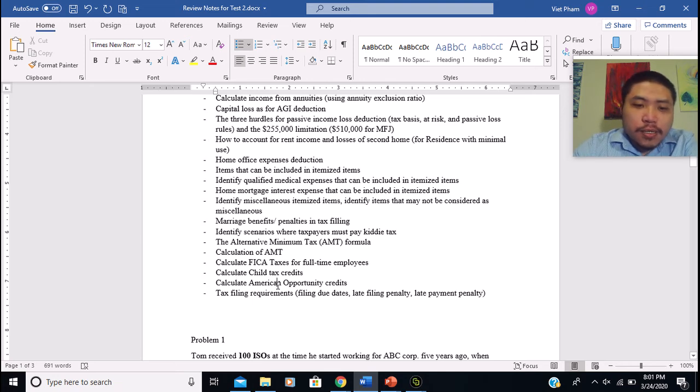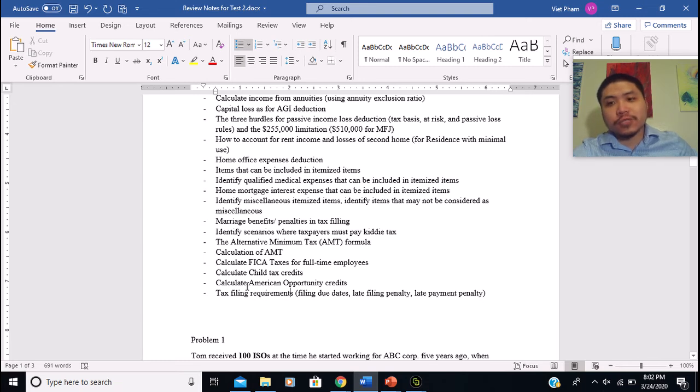And then we also spent some time discussing how to calculate American Opportunity credits. So remember, this type of credit is for education purposes, right? So the government wants to support people to go to college. So make sure you know how to calculate this credit, and it's pretty straightforward, right?